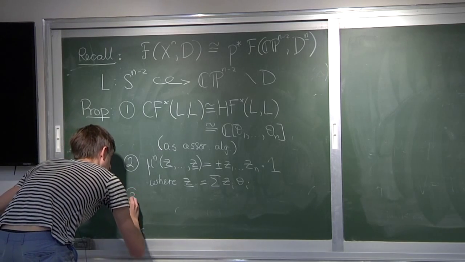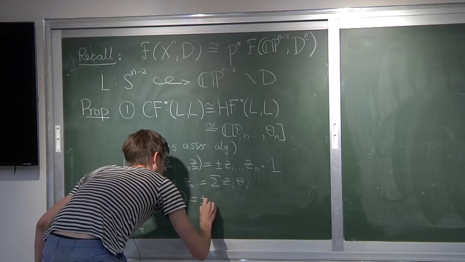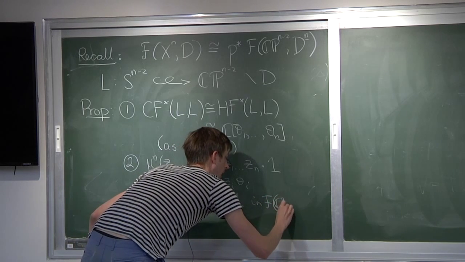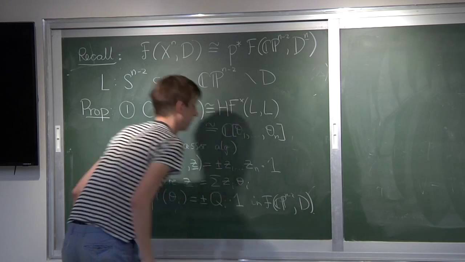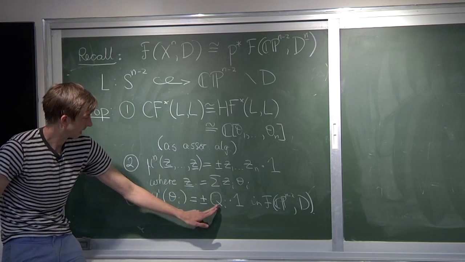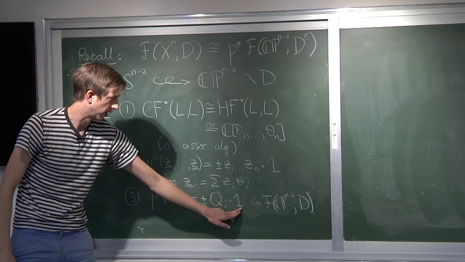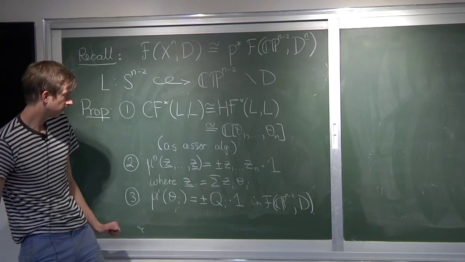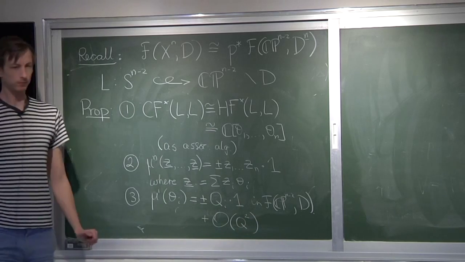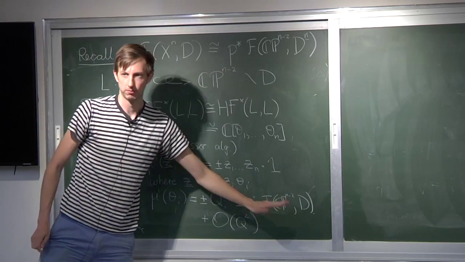And the third thing was that when we take the differential of one of these generators, theta i, we get q_i, one of our parameters corresponding to how curves go through the divisor, times the identity class, plus something higher order in Q. Note, this is not exactly in the category we're trying to compute, but we will relate them later on.